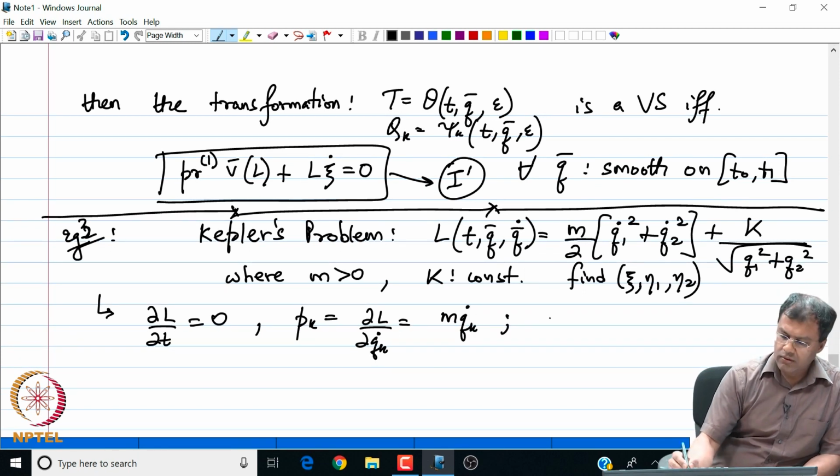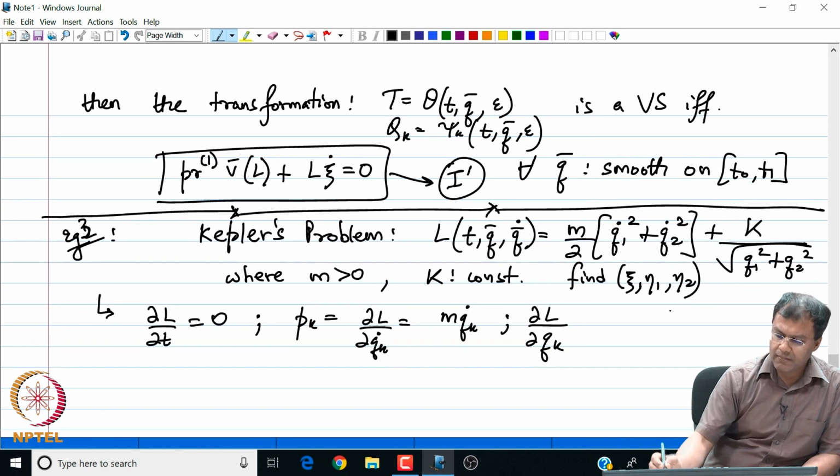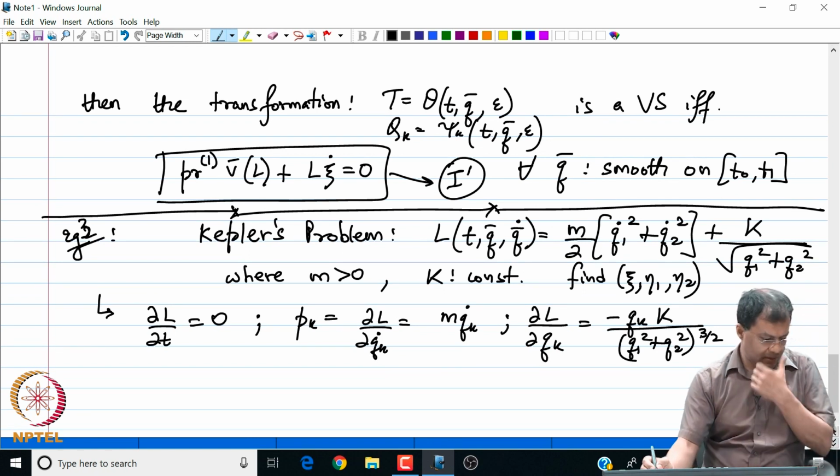For del L del q k, the only place where q appears is in the potential energy, k divided by the square root of this quantity. So, this equals negative q k times k divided by (q1 square plus q2 square) to the power 3 by 2.